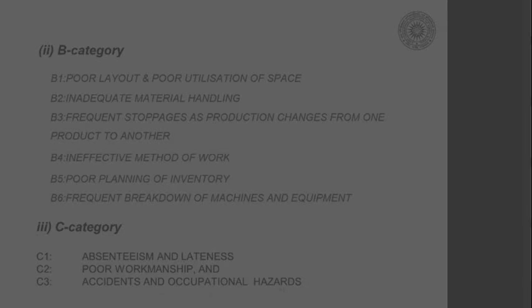Occupational hazards, we say, because of safety and hygiene. In the workshops, the working atmosphere, or the manufacturing facilities, safety and occupational hazards are very important, and they avoid accidents, so we take care of all these things. So, these are the three categories which are responsible for the excess work content.